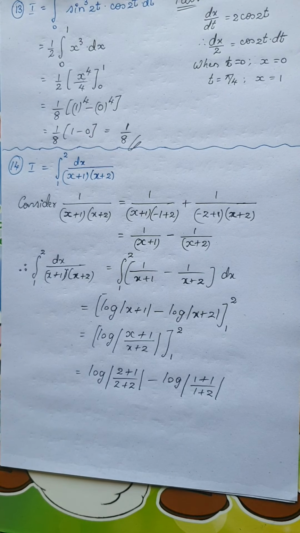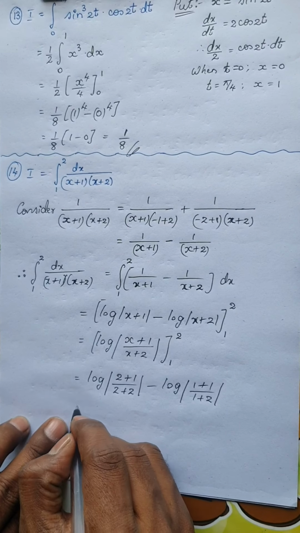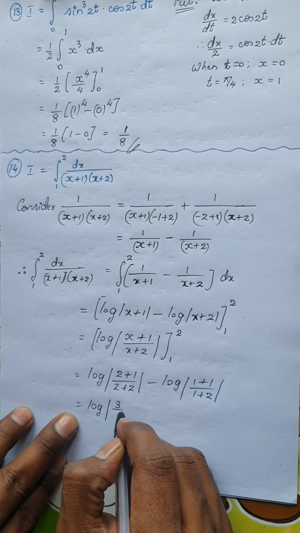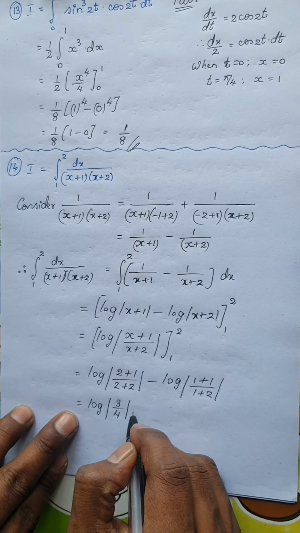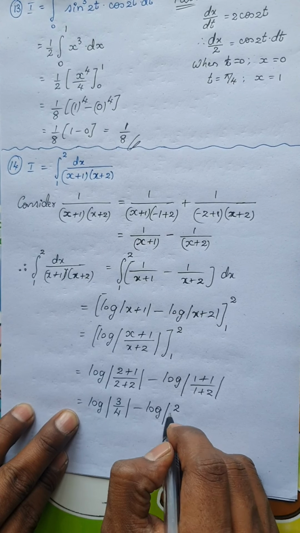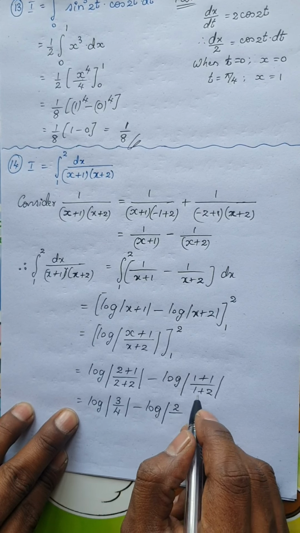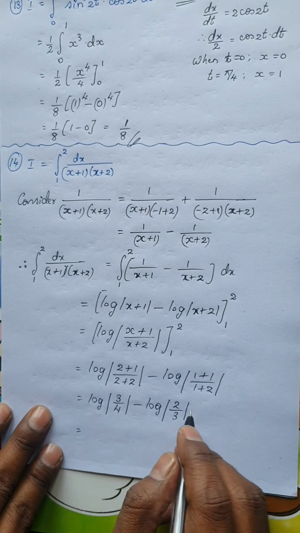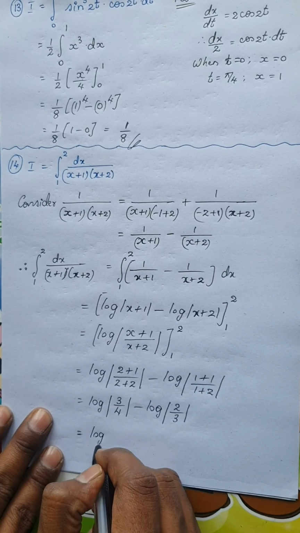Okay, right. So this is nothing but log of mod 2 plus 1 is 3 and 2 plus 2 is 4, minus log of mod 1 plus 1 is 2 divided by 1 plus 2 is 3. Since both are positive, let me write it directly.